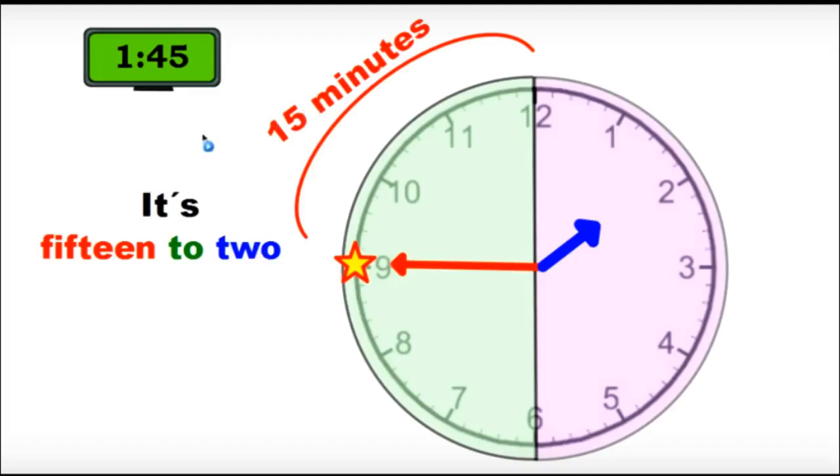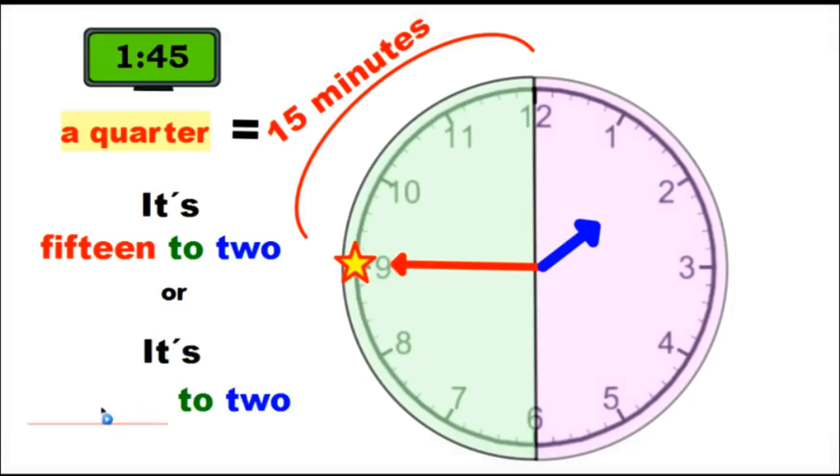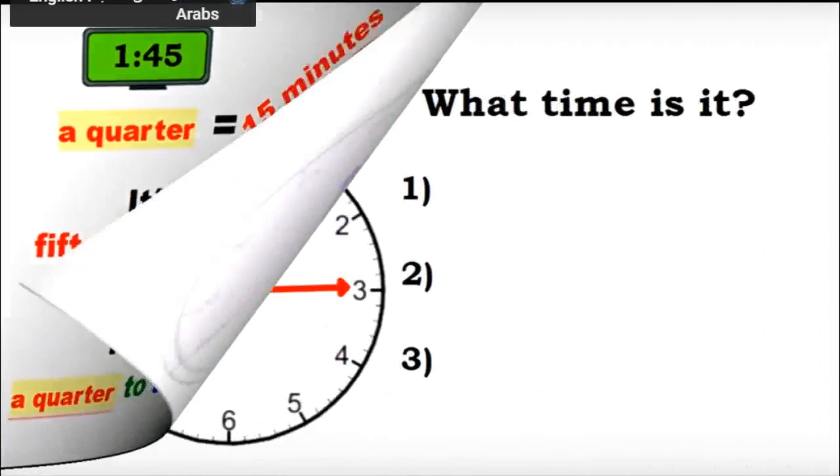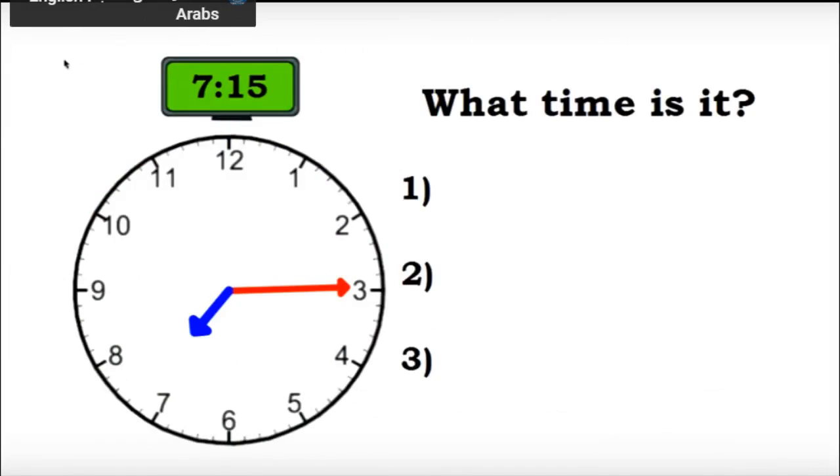And remember, 15 minutes is a quarter, so we can say it's a quarter to 2. So we only use this for when the minutes are at 45 or at 15 minutes. Very good.